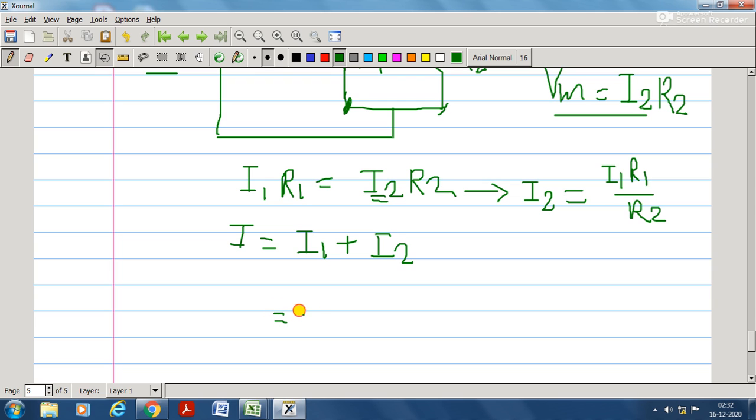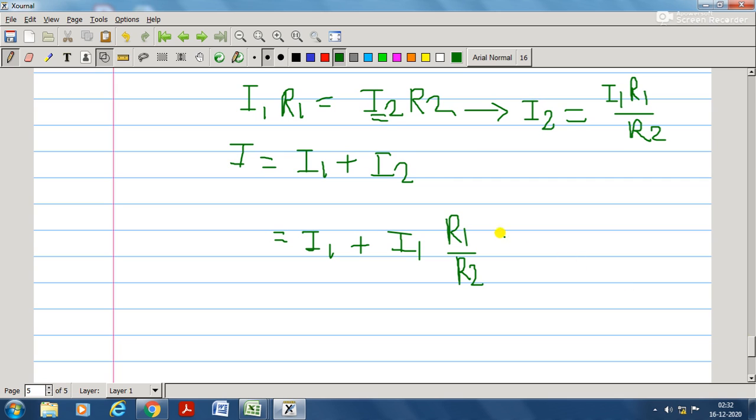So here you can write I1 plus, replacing I2 with I1 R1 divided by R2. Make I1 common, so ultimately you will have 1 plus R1 divided by R2. This will be the overall current I.